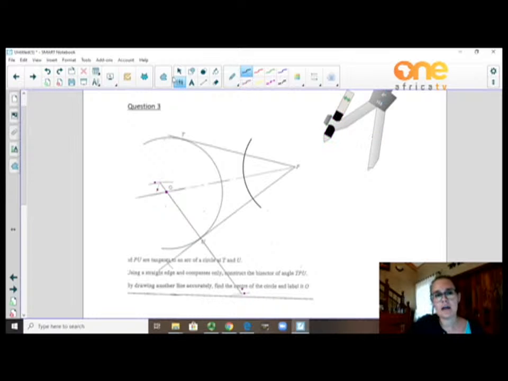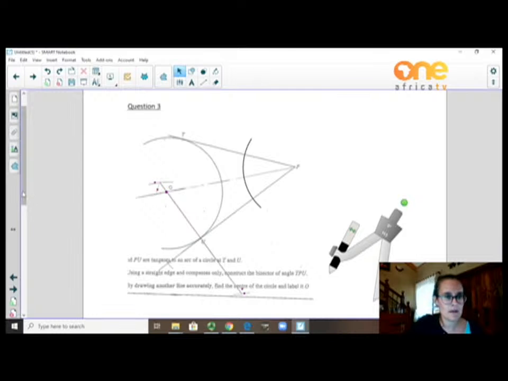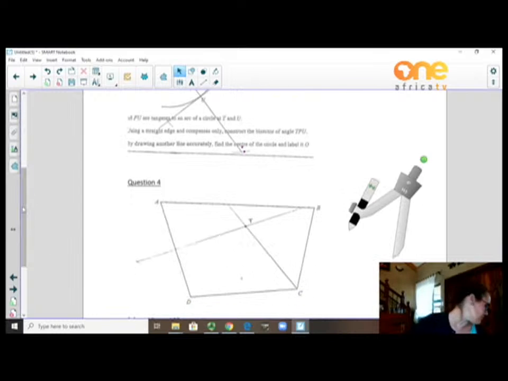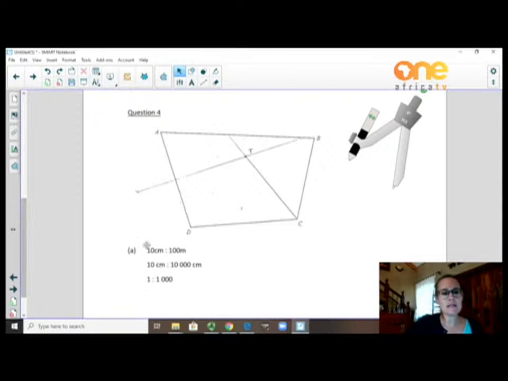Now let's go to question number 4. For number 4, they ask the following. Write a scale of the drawing in the form 1 to n, where n is an integer. So AB is 100 meters. That part, AB, is 100 meters. So we write the scale, because if you measure this, you will find AB is 10 centimeters to 100 meters.